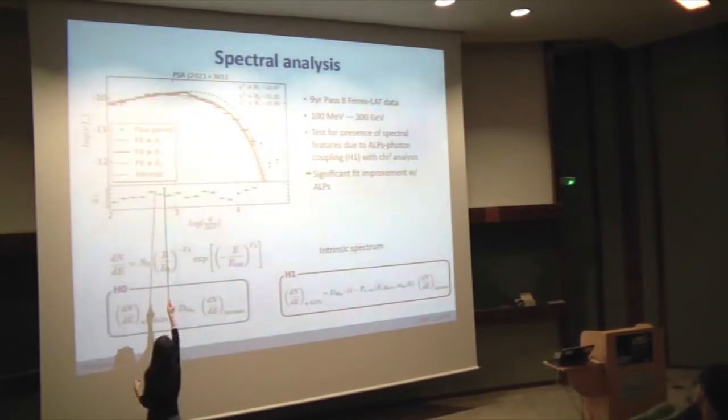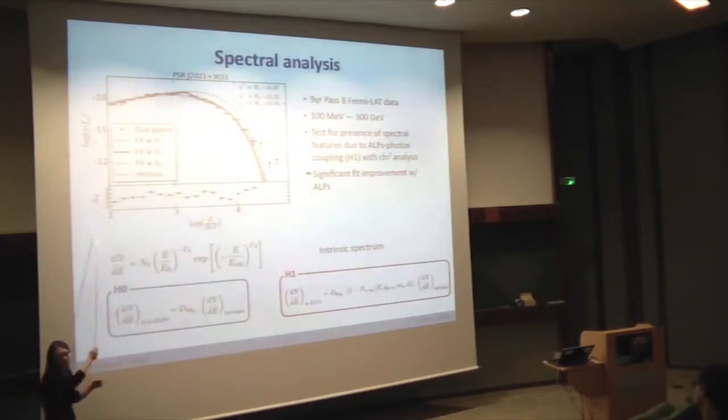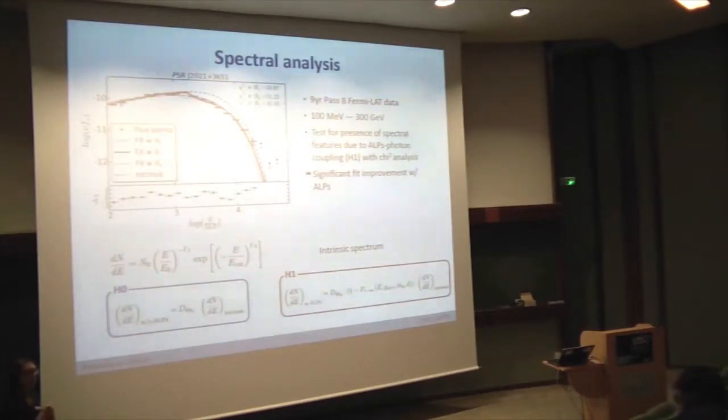And H2 is with ALPs but for the global fit, so basically corresponding to different photon-ALP mass and coupling parameters. Because when you do the global fit of all the six sources together, you only have two free parameters for all the six sources, while H1 is when you perform a fit only on the single source.